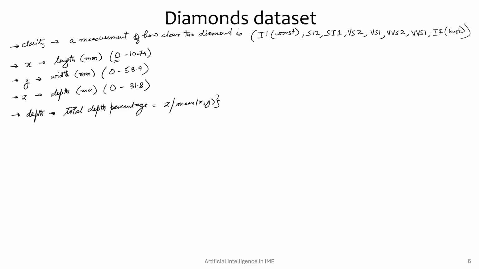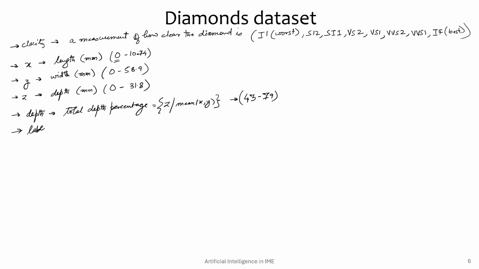Okay. And this ranges from 43 to 79. So when I say it ranges from this to this, it means that whatever data you will find in the column of depth, it has minimum value of 43 and maximum of 79.